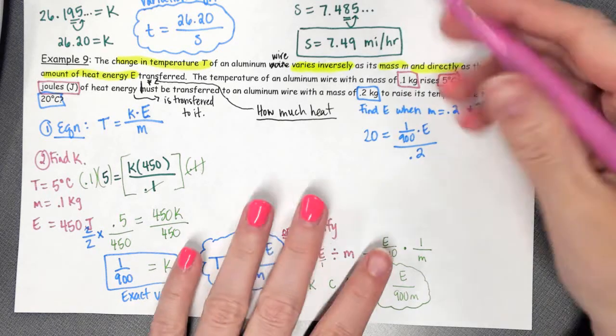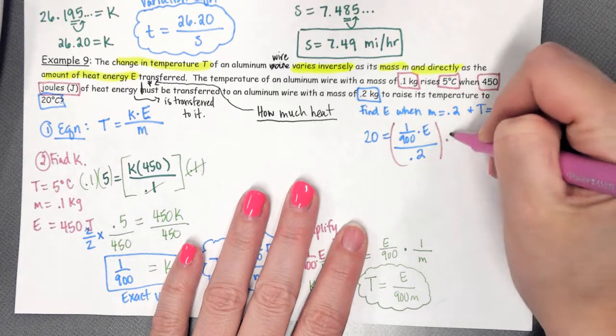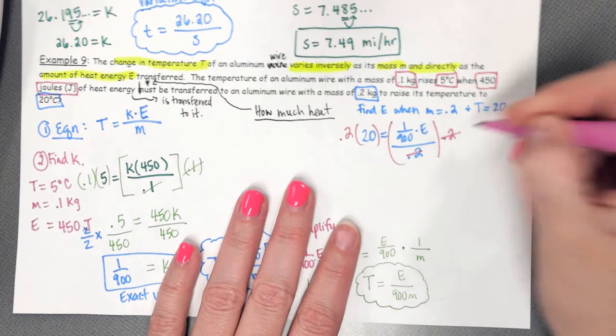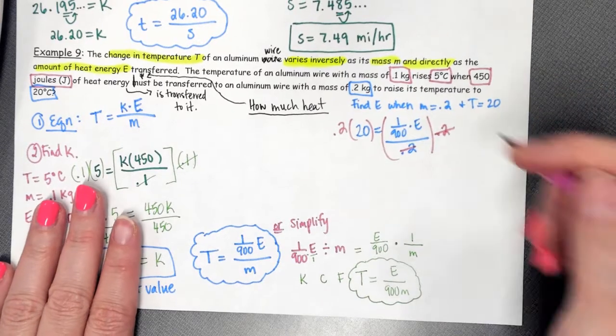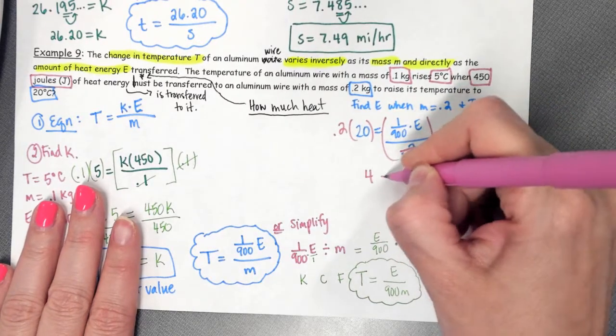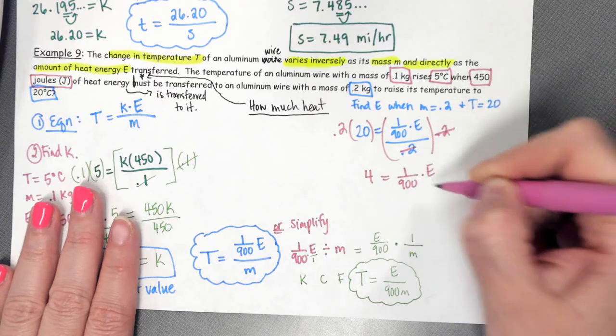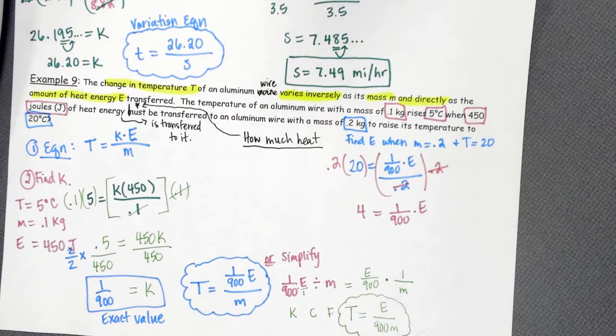Okay, so we're going to start by multiplying both sides by the denominator, just like we've done before. Okay, 0.2 times 20 is going to give you 4, and you have 1 over 900 times E. How do you move over 1 over 900? Times by 900.